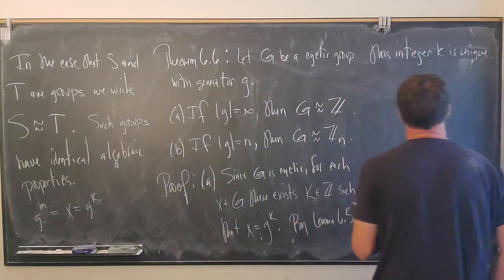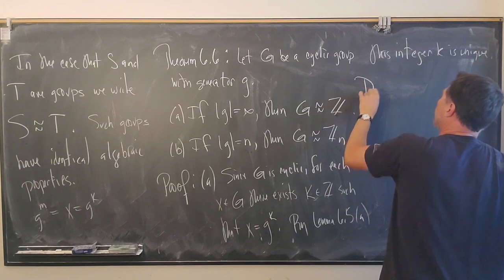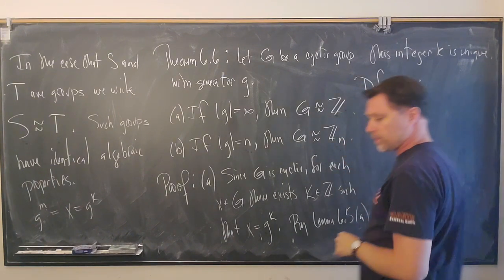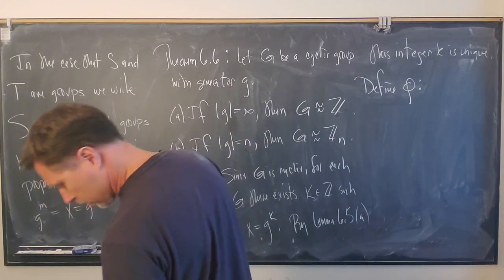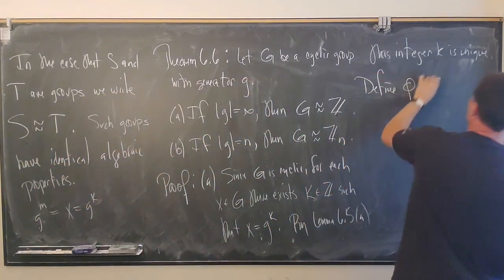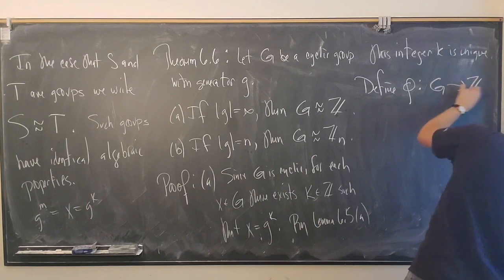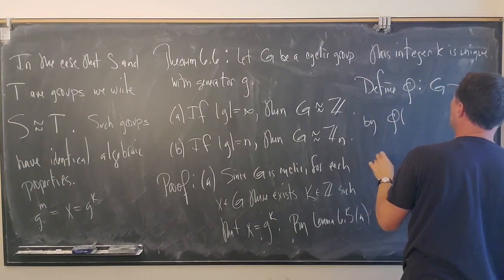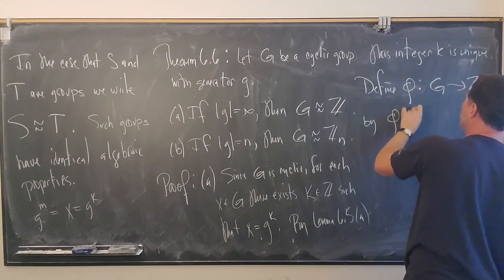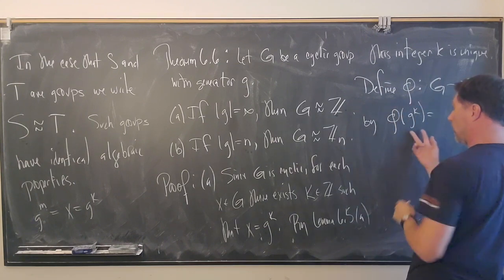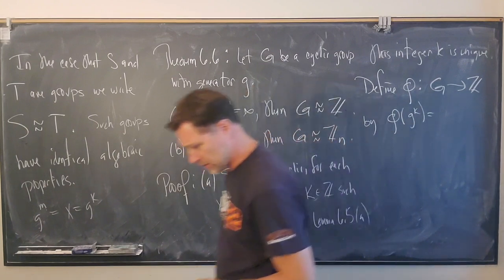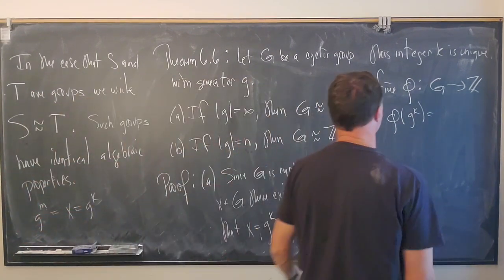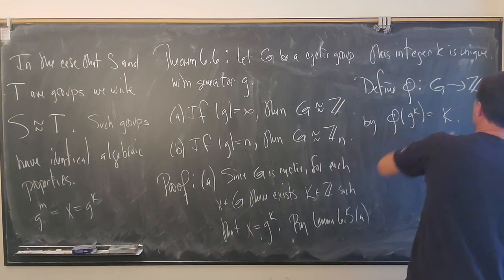This tells us now how to define our function. So now we can define phi from G to Z. Phi of g to the k, that's what our elements look like, is equal to k.